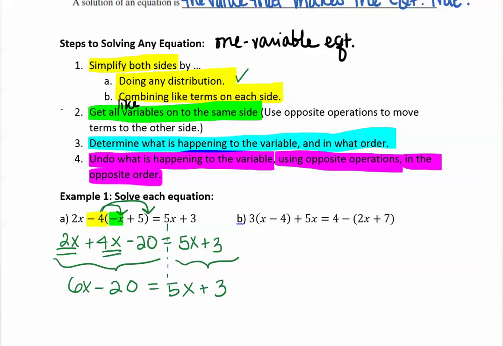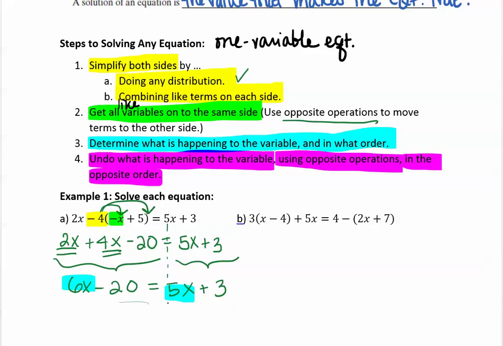Okay, now I'm on step 2. Get all like variables onto the same side. I've got a 6x here and a 5x. I need to get those onto the same side. And in this case, I need to use opposite operations, right? If you move anything from one side to the other, you have to use opposite operations in order to move it. So what I'm using here is either the addition property of equality or the subtraction property of equality.